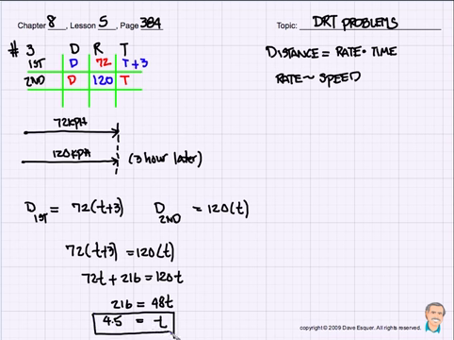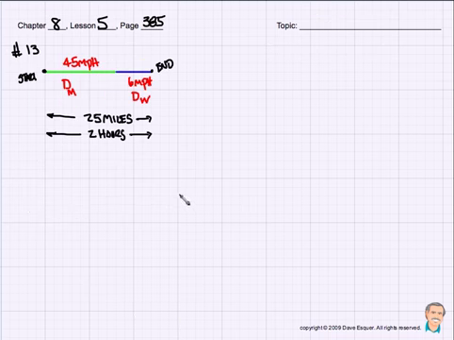So in 4.5 hours, the faster train will have overtaken the slower train. That's what they were asking us for. Another question you might ask is, how long has the slower train been traveling? This is not part of the problem. Well, that answer would be 4.5 plus 3, or 7.5 hours. So when will the faster train overtake the slower train? At 4.5 hours. Let's try another problem.